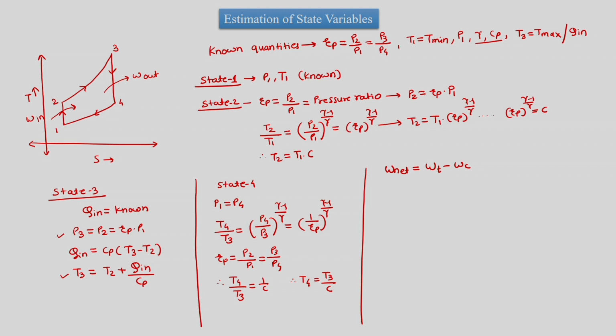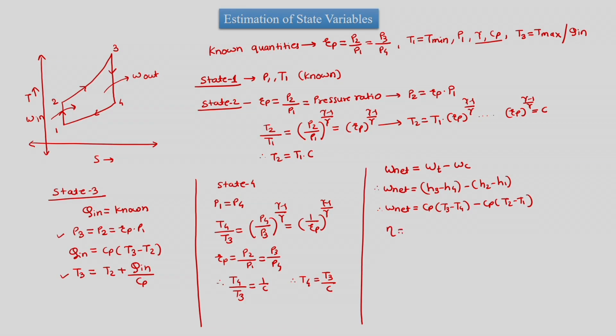So Wt minus Wc is net work. Net work is equal to (H3 minus H4) minus (H2 minus H1). So W net is equal to Cp into (T3 minus T4) minus Cp into (T2 minus T1). This is how, knowing all the state variables, we can find out W net.